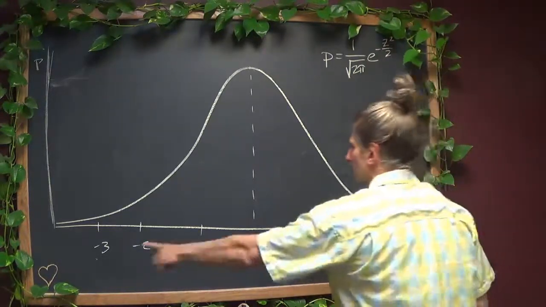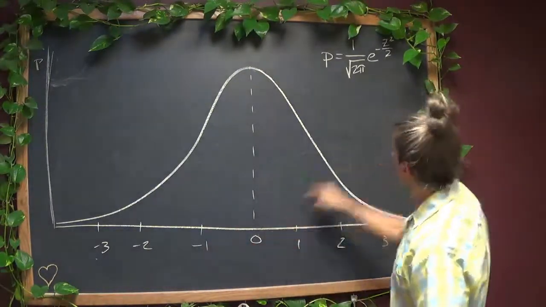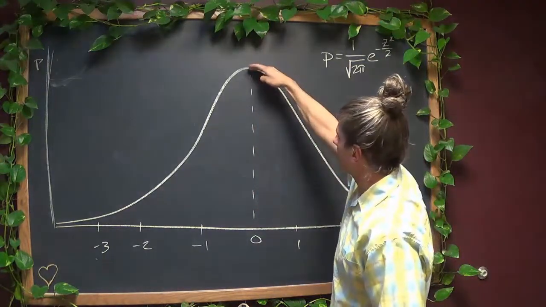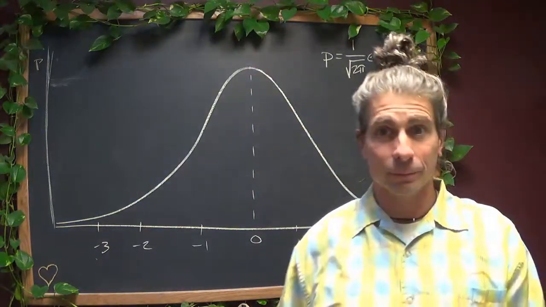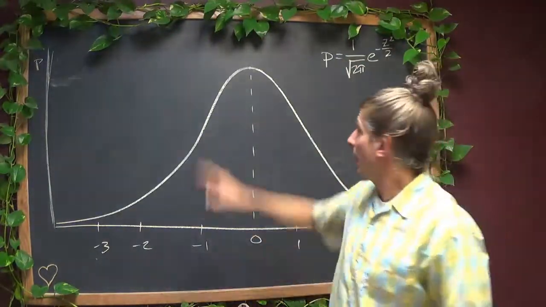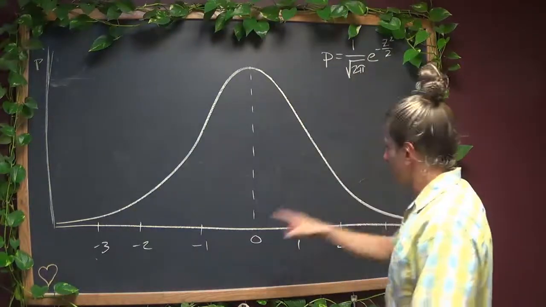So if you know the z-score, whatever z-score is down here, if you plug that z-score into that formula, you are given the height of the curve at that point. So you can plug in 0 to that curve and figure out how high that is. I'm going to do it for you in a little bit here. You can plug in -1. You can plug in 1.